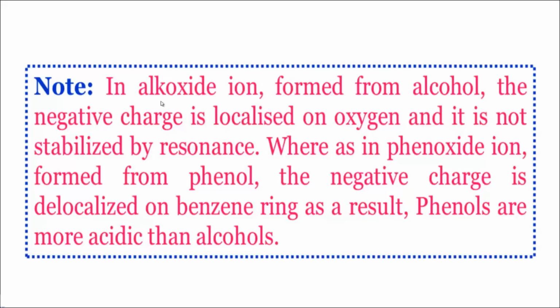Whereas in an alkoxide ion, the negative charge of the oxygen is just localized. It is not delocalized and it is not even stabilized by resonance. As a result, phenols always are more acidic than alcohols.